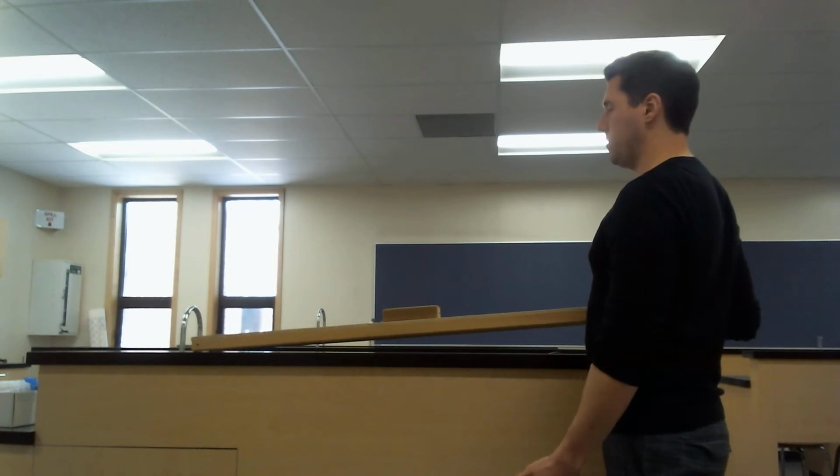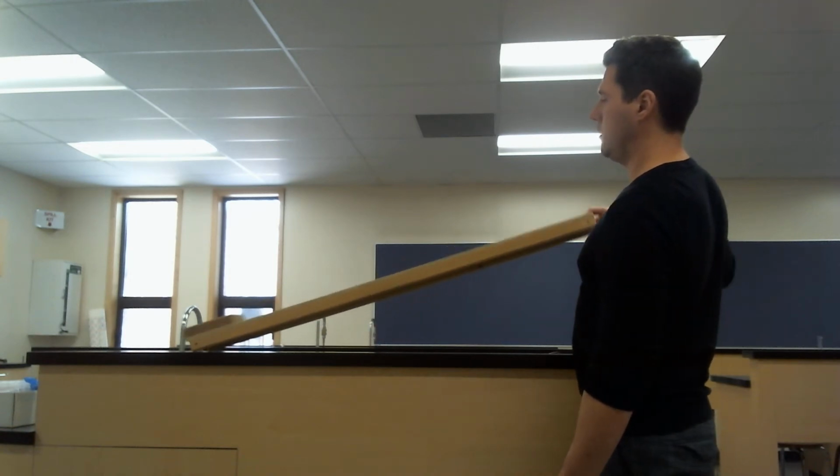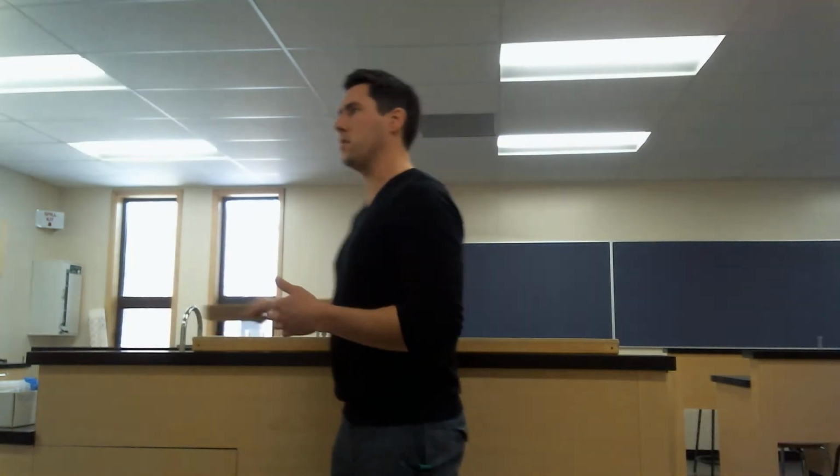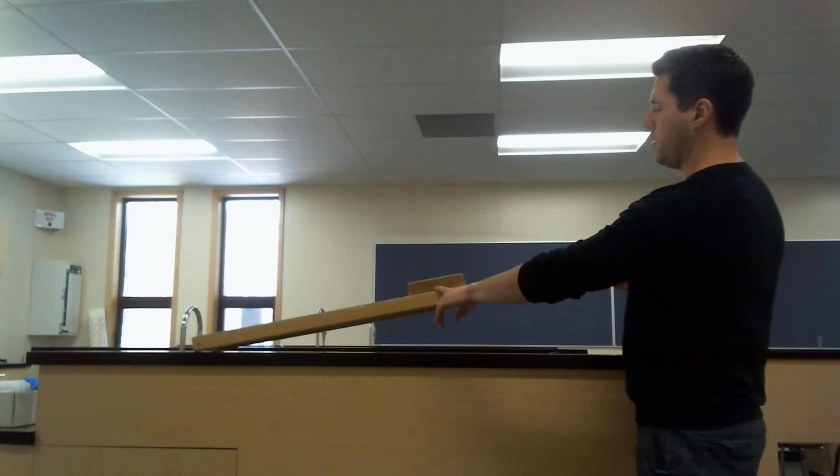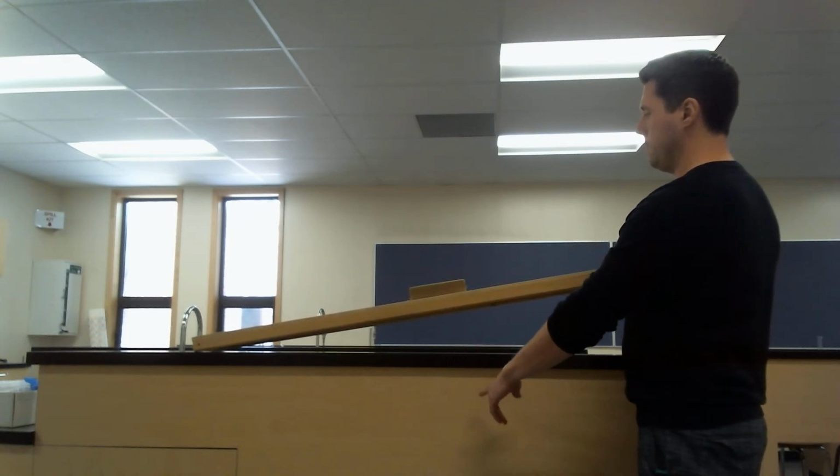So why, when I'm at this angle, does the object not move, and at this angle, it does move? Right here, the force of gravity is pushing down, and there's some friction holding it on this board.